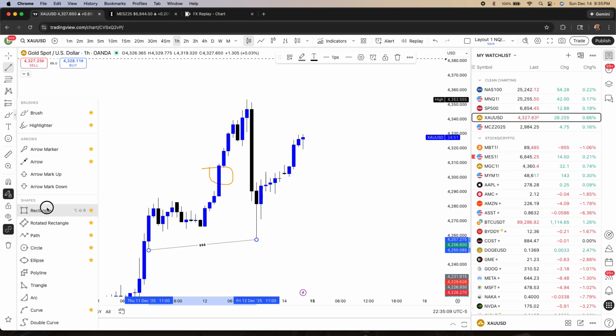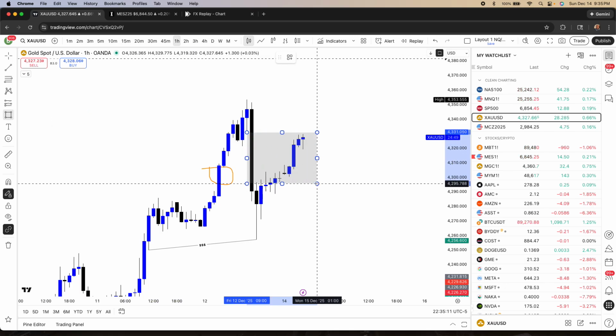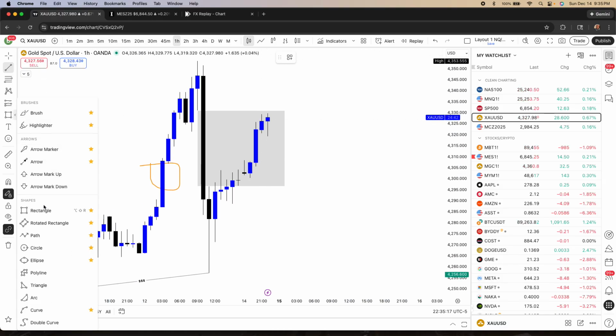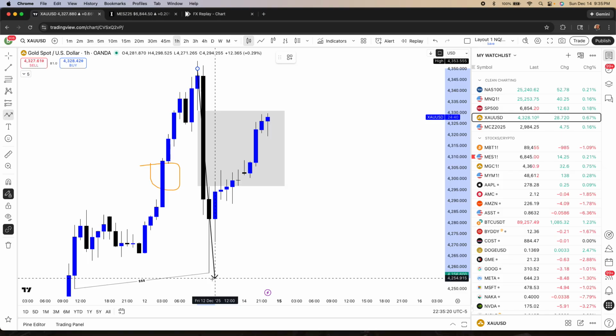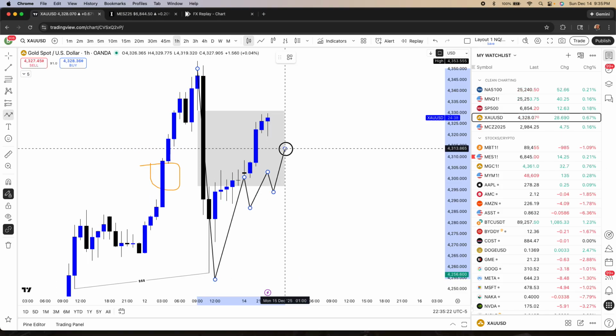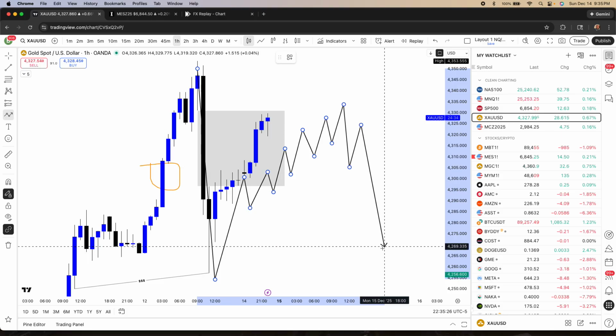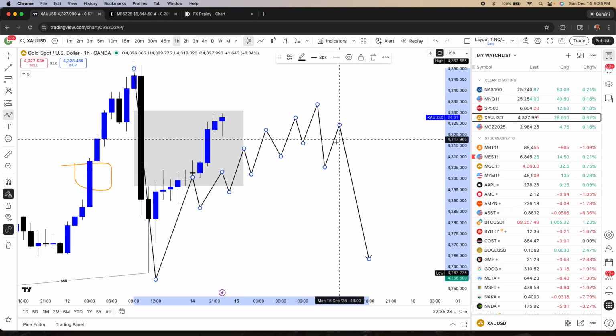We have a strong imbalance inside of here. And if we get structure to realign with this push down on the lower time frame, something like this on the lower time frame, then that would be a good spot for you to take a sell.